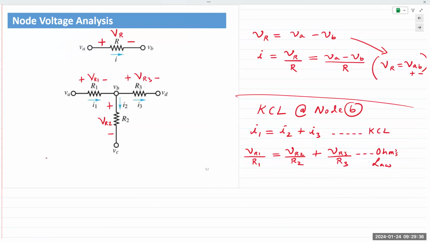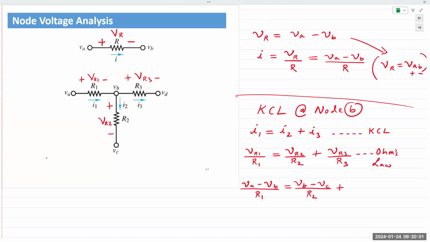Okay, once we have this, we then describe each resistor voltage in terms of the node voltages. VR1 is VA minus VB over R1. VR2 is VB minus VC over R2.